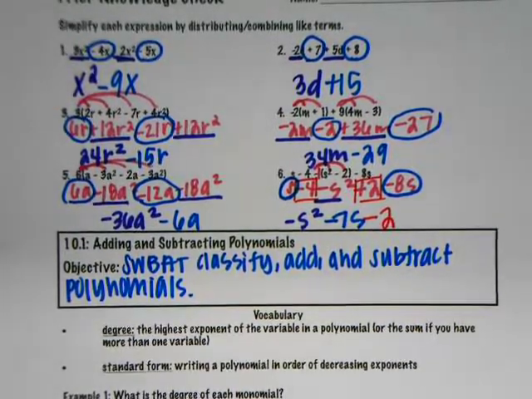All right, so first off, a polynomial is, since it's in the title, what does the prefix poly mean? Yep, so usually many, okay? So polynomial literally means many terms, okay? And then, let me think.